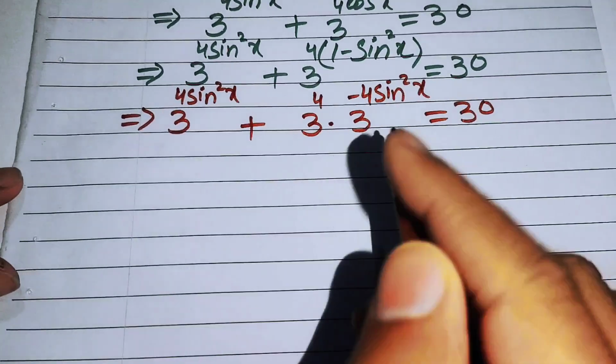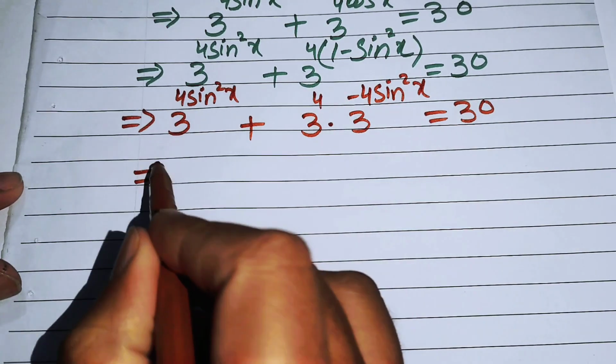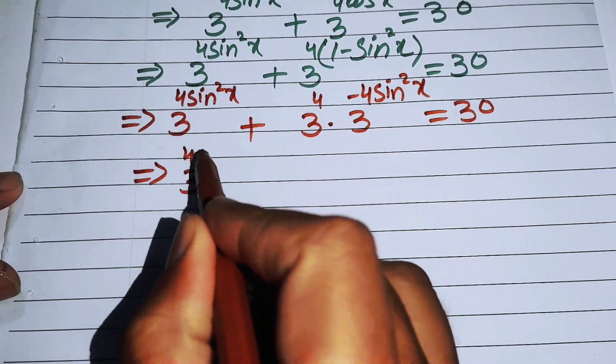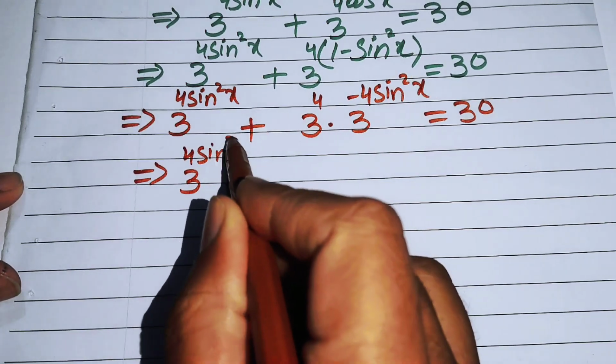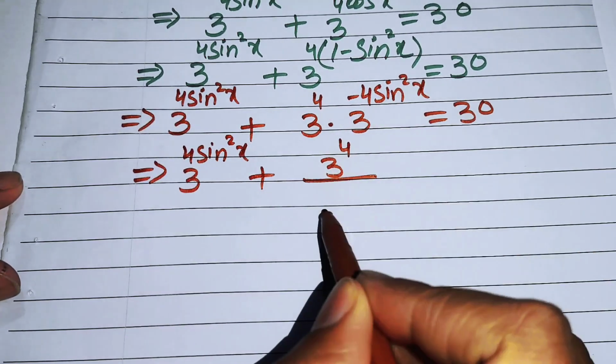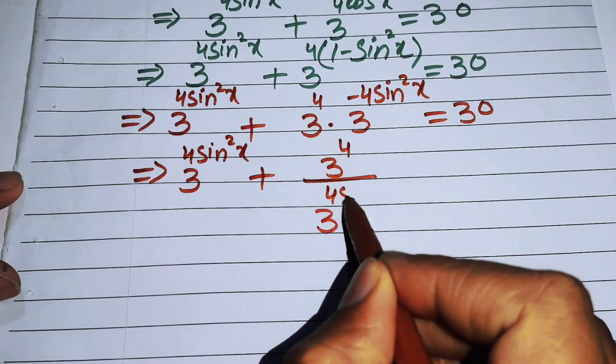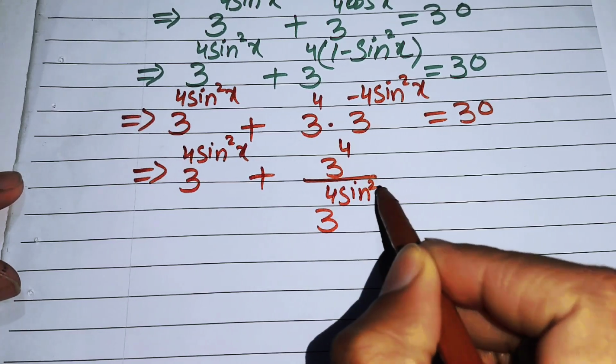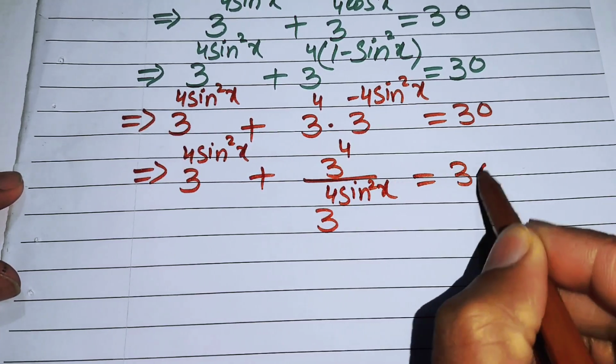So here we move this 3 to the power of minus 4 downside, and we write 3 to the power of 4 sine squared x plus 3 to the power of 4 over 3 to the power of 4 sine squared x equals 30.